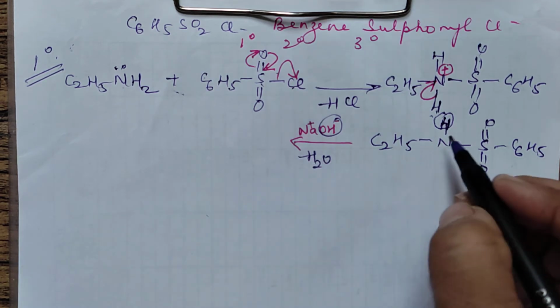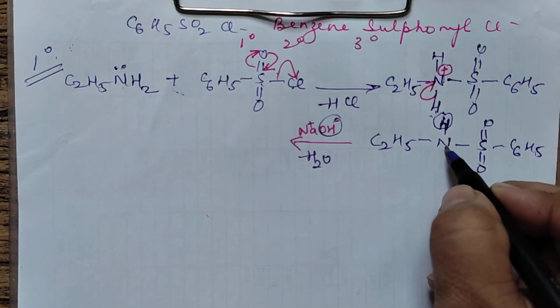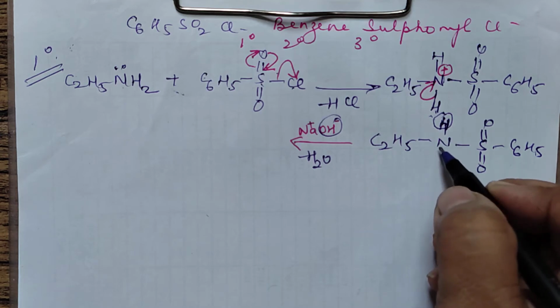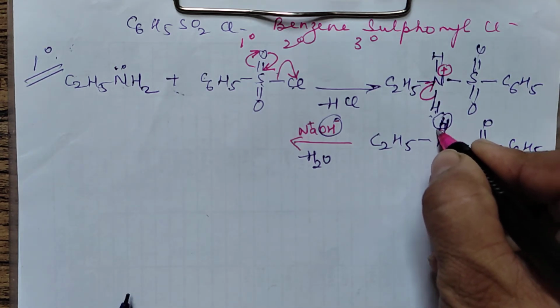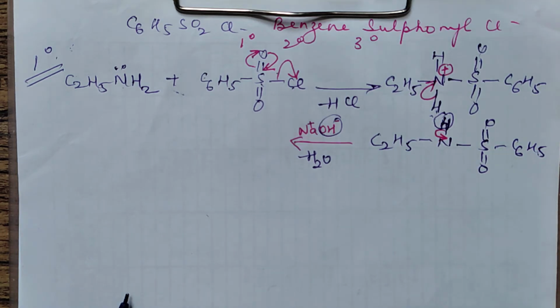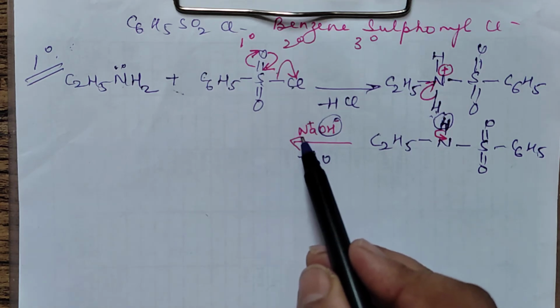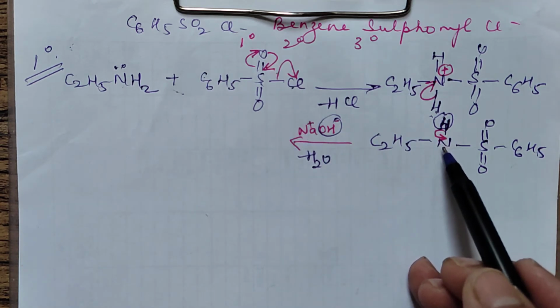When this comes out, this nitrogen will have excess of electrons, not deficient, because this H plus has gone out. So this electron has gone onto N. So N got negative, and when N got negative, this Na will get attached onto N.